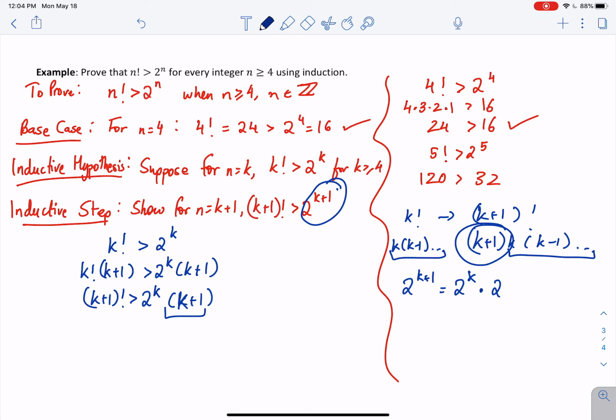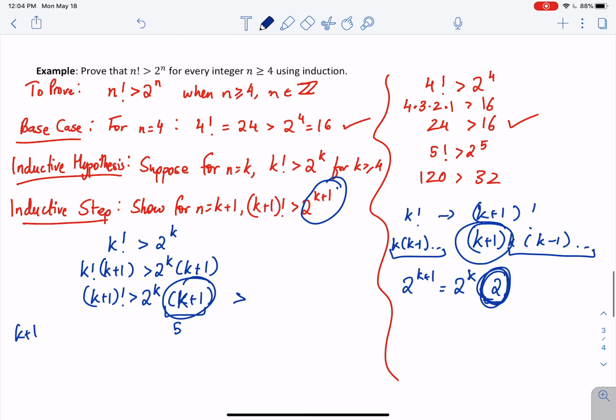Well, here I have k plus 1, and here I have 2. And I need to show that this 2 is smaller than this, because then I can continue the inequality. Well, I know that k is always 4 or bigger, which means this number is always 5 or bigger, right? K plus 1 has to be bigger than or equal to 5, which means this whole expression is bigger than 2 to the k times 2.